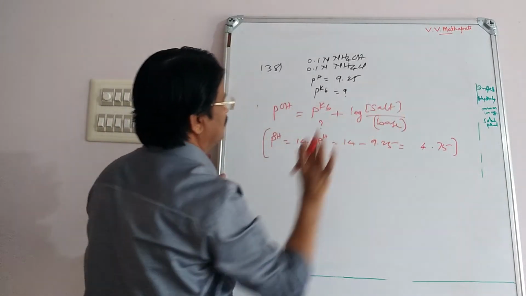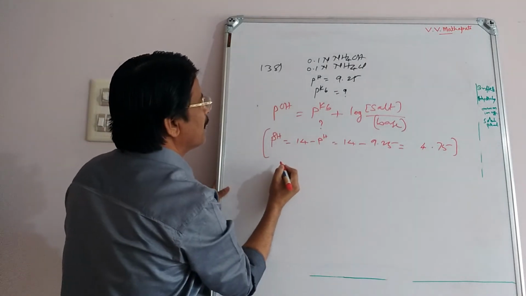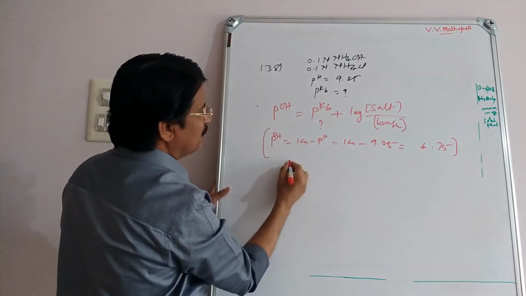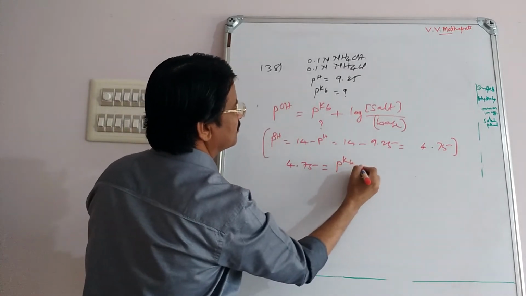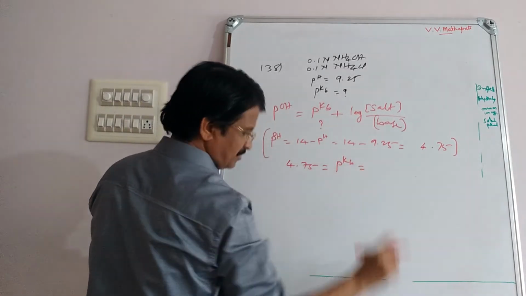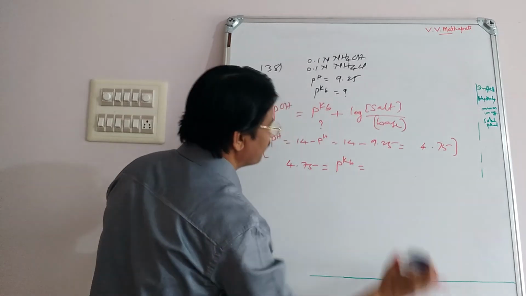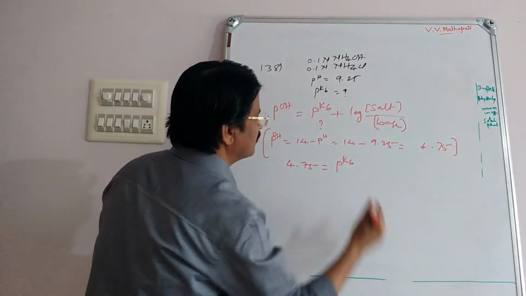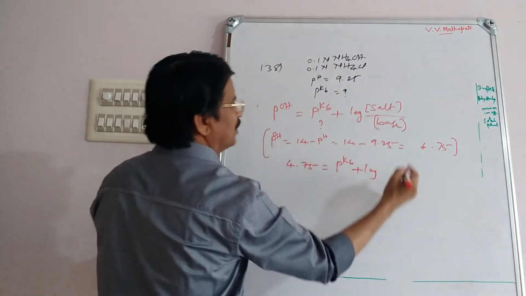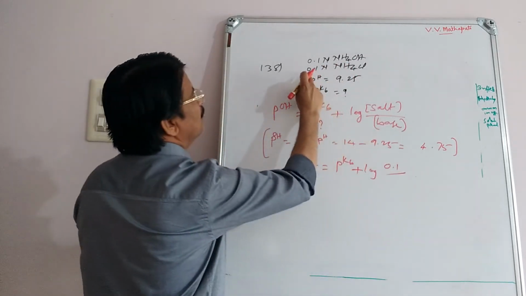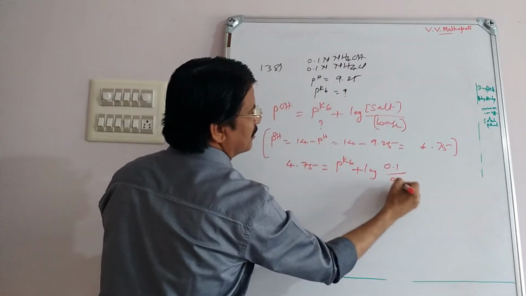These two values are given. Therefore, pOH value 4.75, and pKb you have to find out, plus log salt value 0.1, base value 0.1.